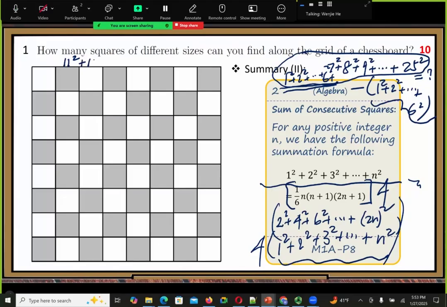Skip one number, plus 13 squared, consecutive odd integers, plus 15 squared, and so on, dot, dot, dot. The last one, let's say 99 squared. How about that?